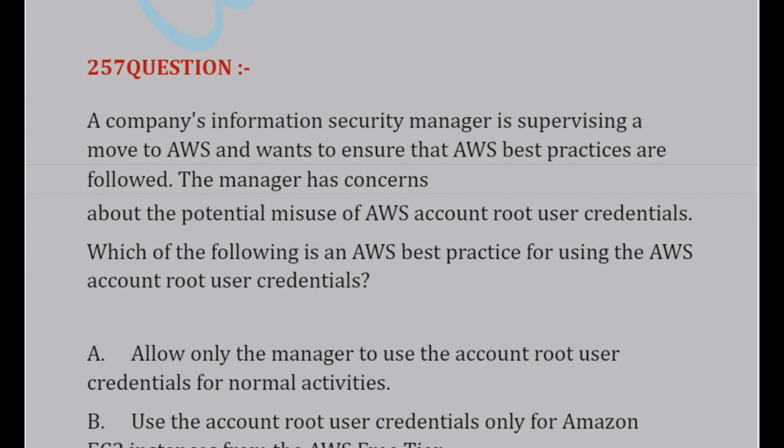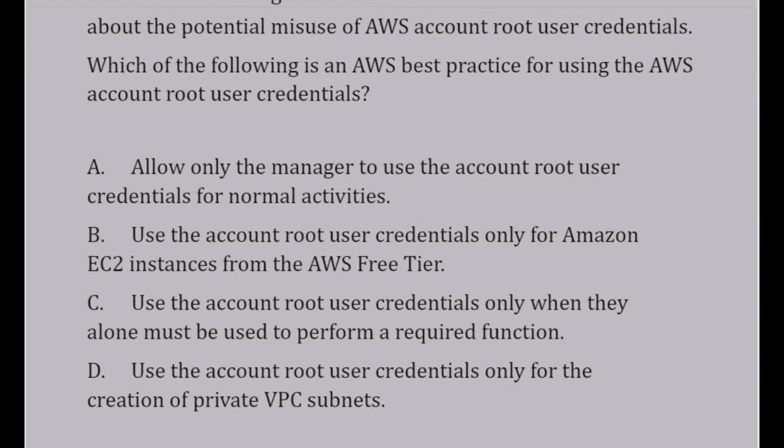Question is, a company's information security manager is supervising a move to AWS and wants to ensure that AWS best practices are followed. The manager has concerns about the potential misuse of AWS account root user credentials. Which of the following is an AWS best practice for using the AWS account root user credentials? Option A, allow only the manager to use the account root user credentials for normal activities.